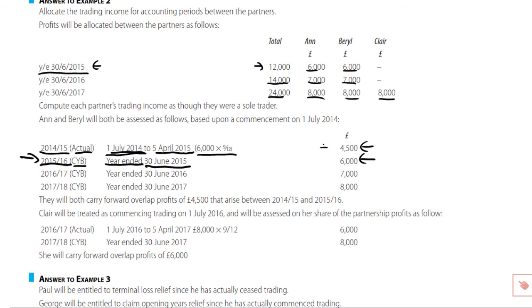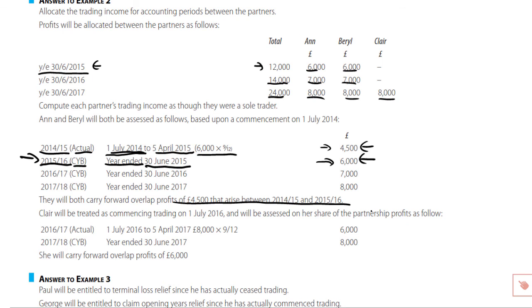All of that 4,500 is a part of that 6,000, therefore overlap profits of £4,500. Those will be carried forward by each partner, and should that partner leave, be it Anne, be it Beryl, or the partnership cease trading, the overlap profit is there, available to be credited back against what would have been the assessment in their final tax year of trading.